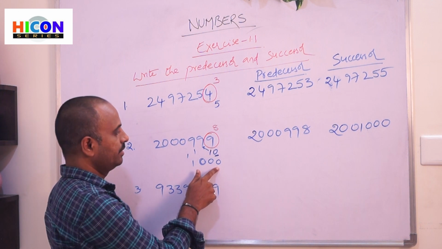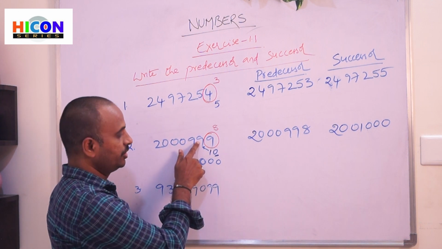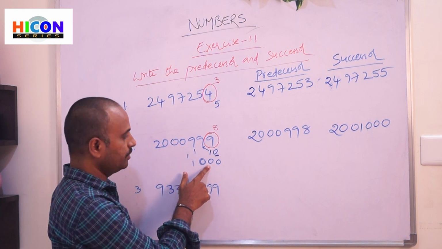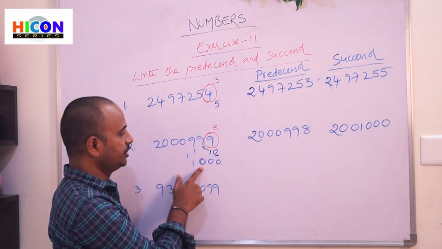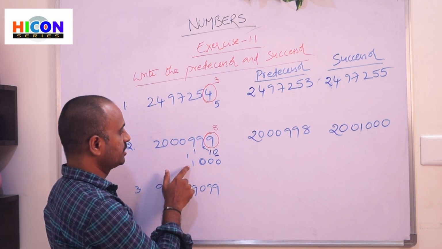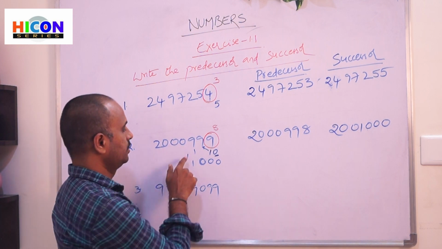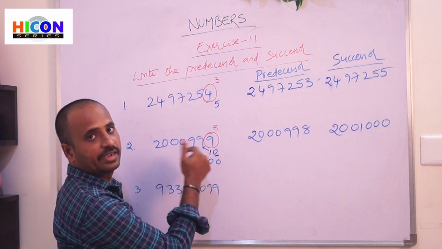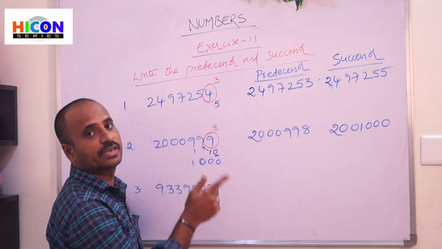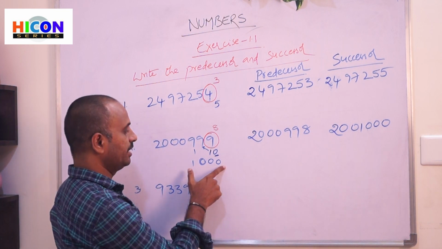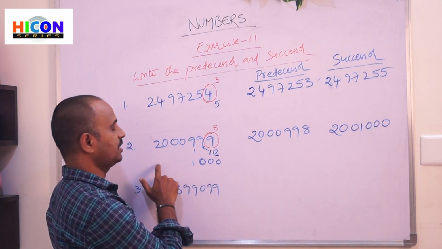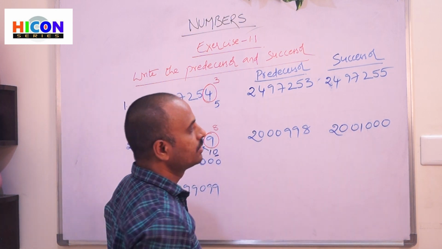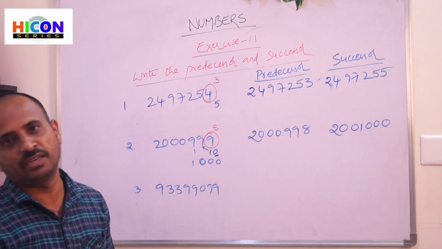And again, the tens becomes 0, the hundreds becomes 0, whereas the thousands becomes 1. So we will get 1000. After 9999, we will get 10000. So the successor for the number will become 20 lakh 1000.